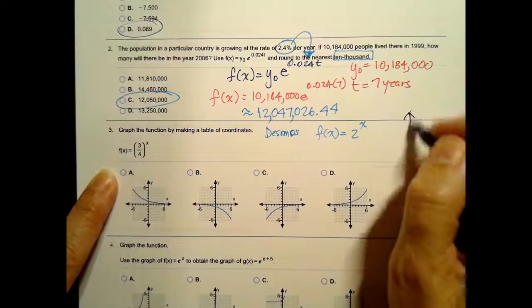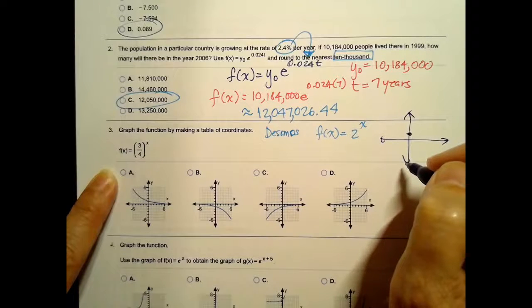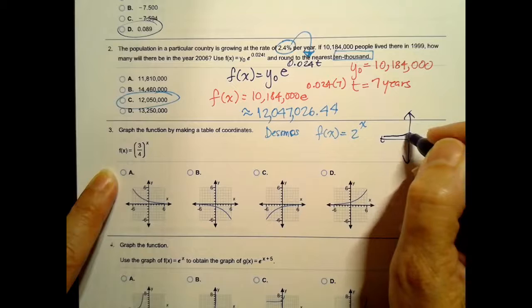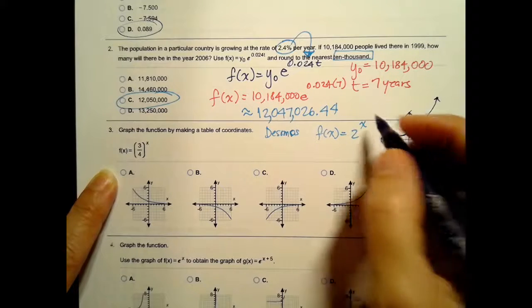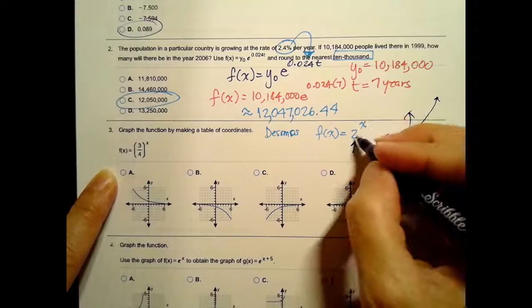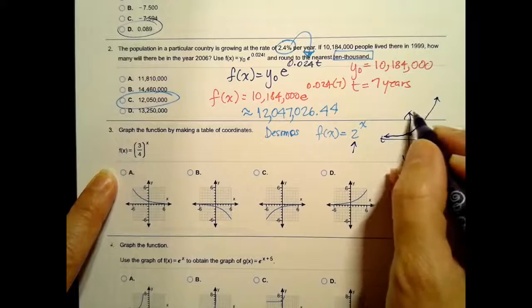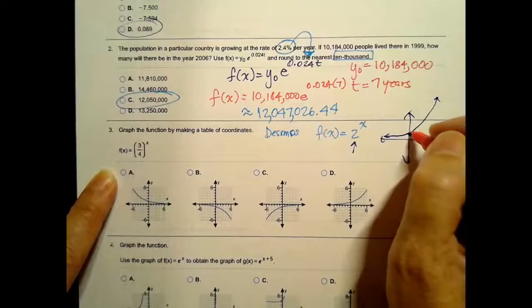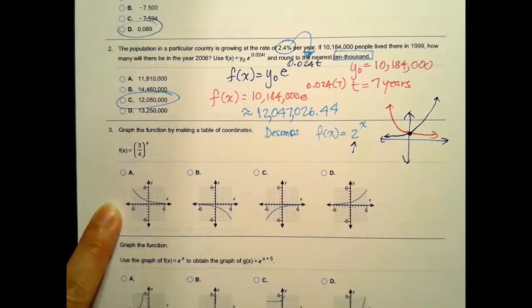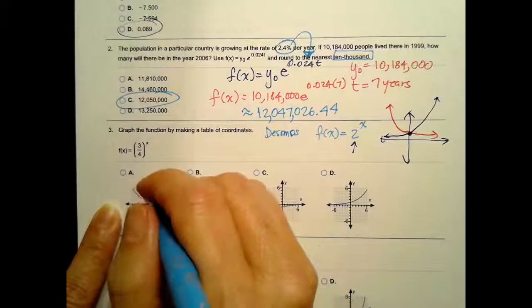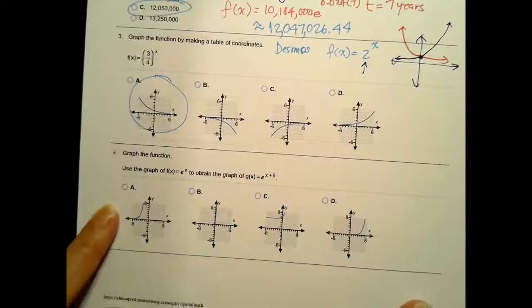The base, remember, is going to go through that (0, 1), right? And then it's going to kind of hug and curve around and look somewhat like this. And we talked about what happens if that number becomes a fraction between 0 and 1. Well, it took this curve and it reversed it over. That's what a fraction did to it. So our answer would be A.